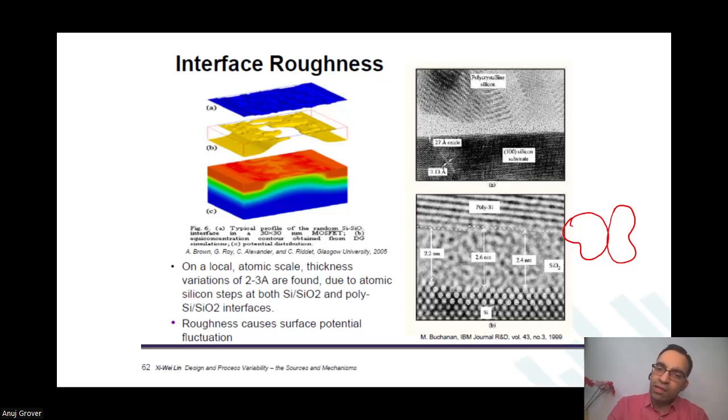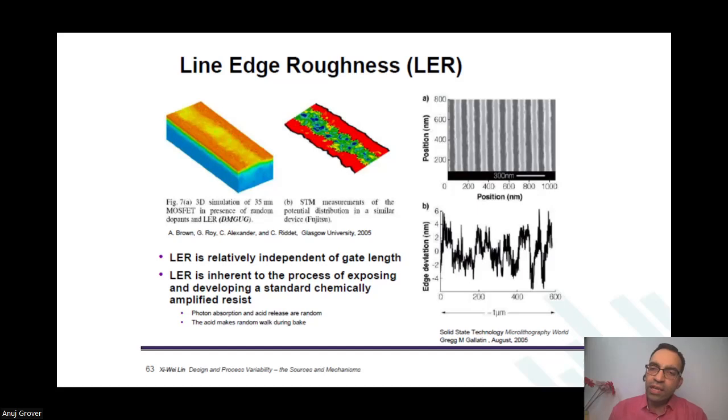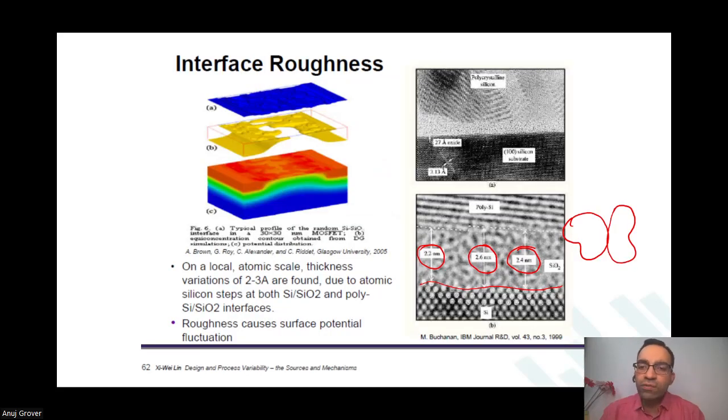The thickness of silicon dioxide can vary across the gate region. Some places it is 2.2 nanometers thick, at some places 2.6 nanometers, at some other places 2.4 nanometers thick. So even though you said that your gate oxide is 2.5 nanometers thick, there are variations around it. The gate oxide thickness is not exactly the same.